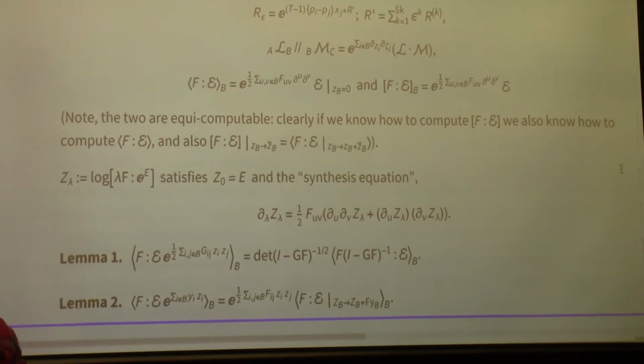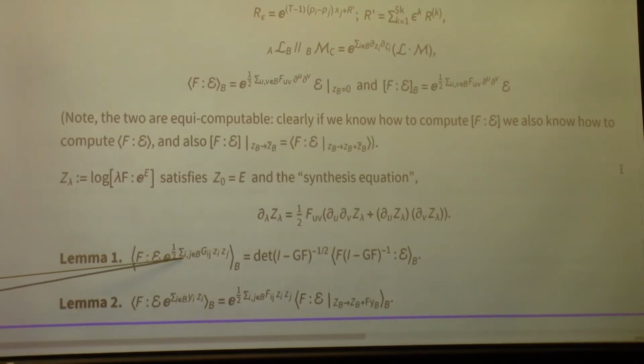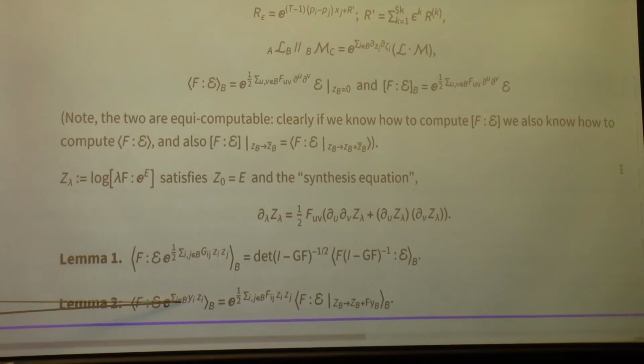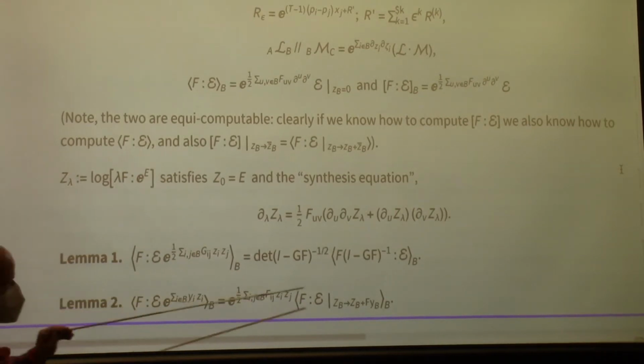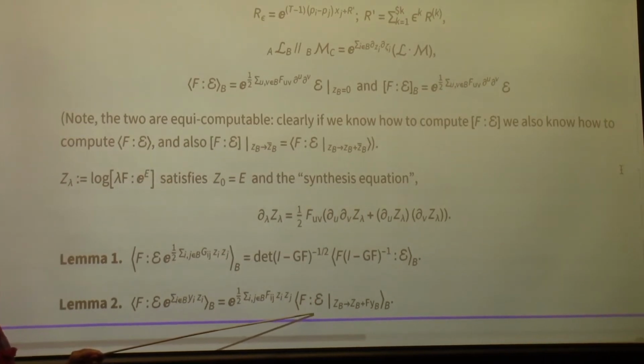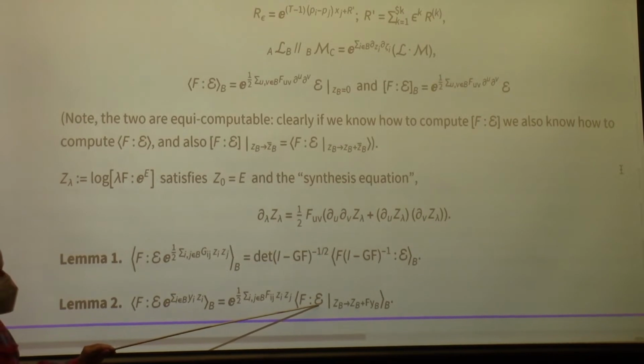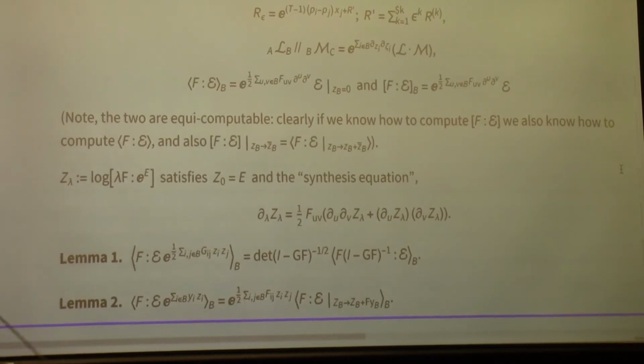A quadratic in X and Y has quadratic terms in X, but also a linear term in X. And these two lemmas tell you how to get rid of the quadratic part and the linear part. And at the end, you're left with gluing with a new matrix into something in which you've gotten rid of the quadratic and the linear. So it's only the perturbation. So that's the point of these two lemmas.